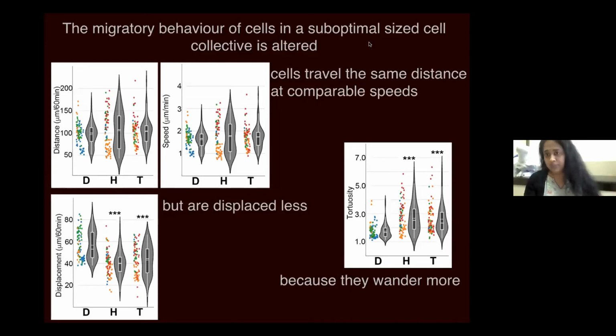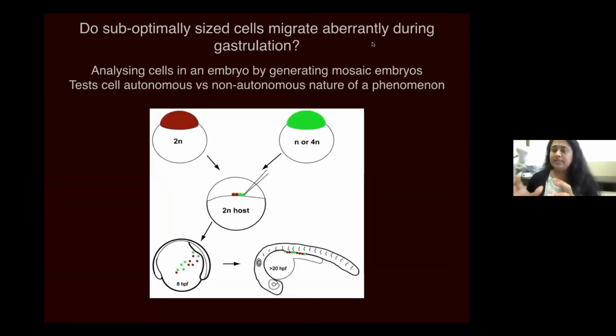Now, one way again, like we did for the drug condition, to check how much of this is intrinsic behavior, the cell's own behavior, versus the influence of its environment, is to put these cells in a different condition, in a normal condition. So you could take a diploid embryo and one of your altered ploidy conditions, in this case a haploid or a tetraploid or a drug-treated embryo, label them differently, take both groups of cells and put them in a diploid host.